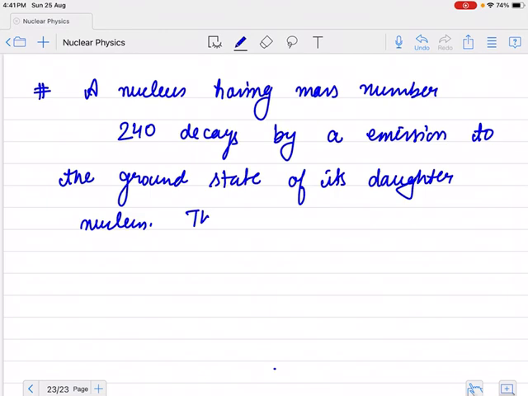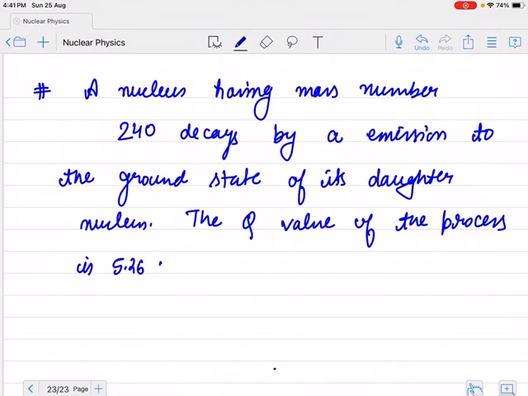The Q value of the process is 5.26 mega electron volt. The energy in mega electron volt of the alpha particle is what?